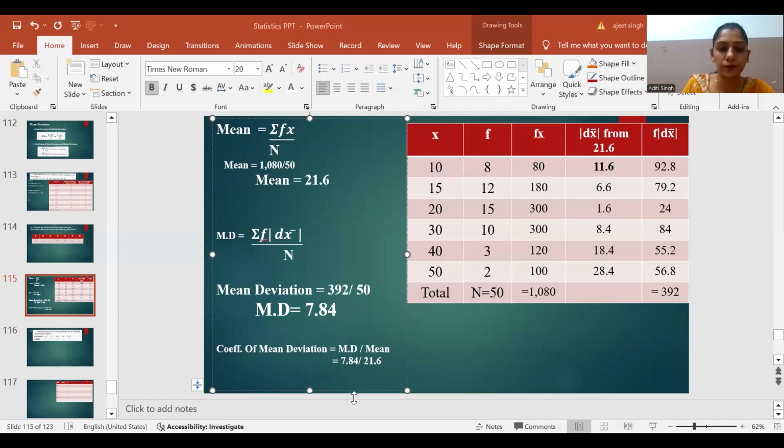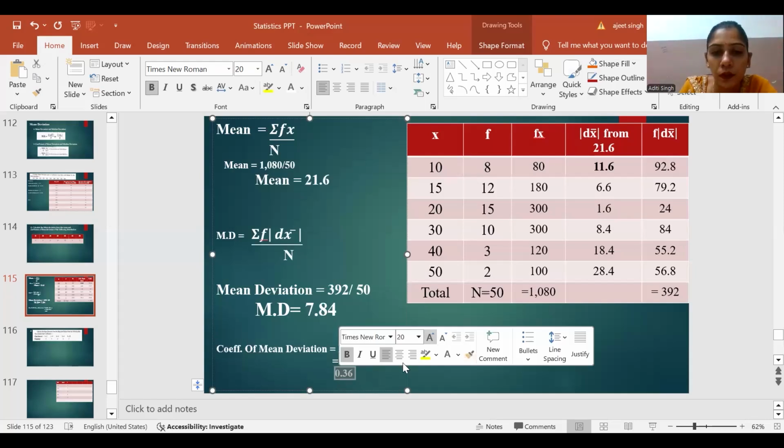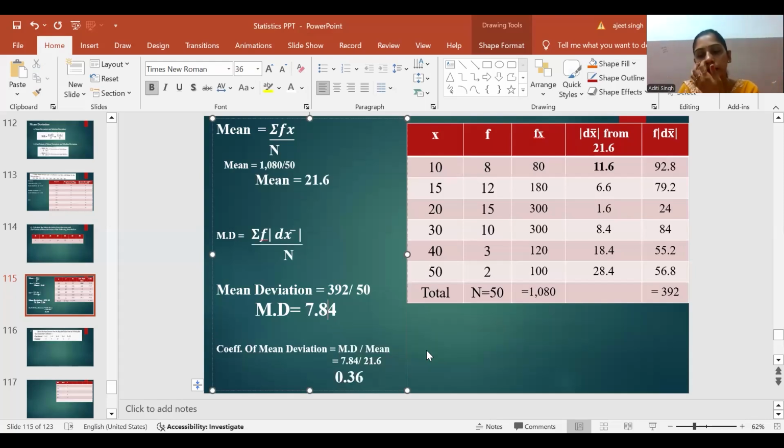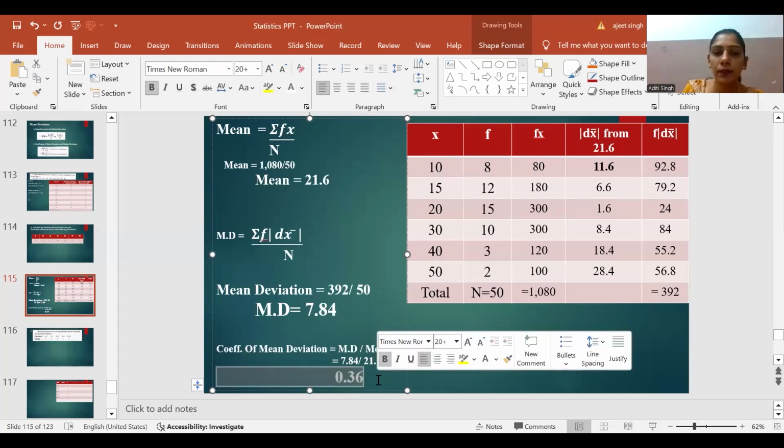Okay, so this is the value of coefficient of mean deviation. So these are all three values: mean, mean deviation and coefficient of mean deviation. So this is how we calculate the mean deviation and coefficient of mean deviation in discrete series with the help of the value of mean.